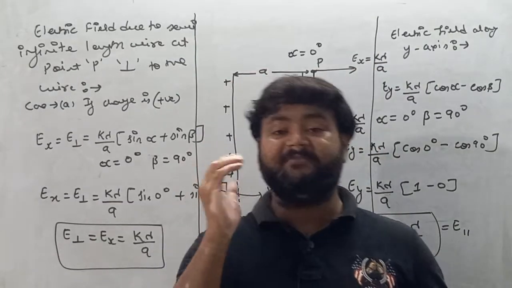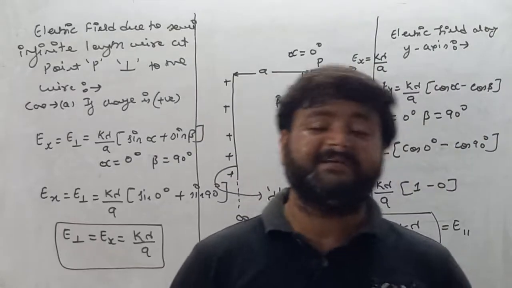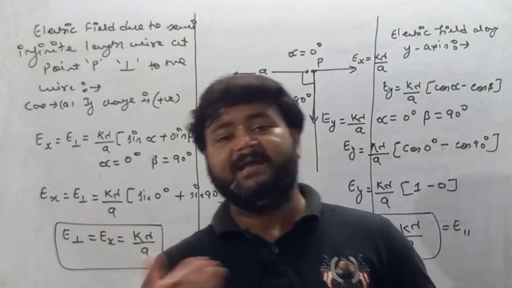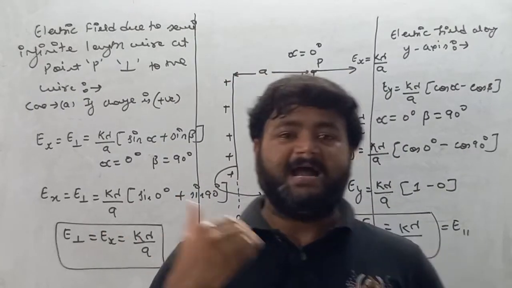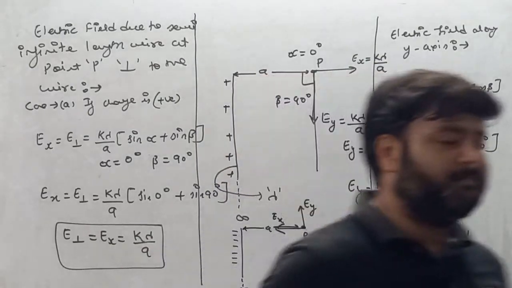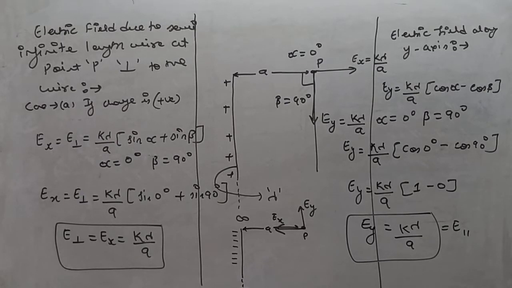You have to put the values, and you'll get electric field along x-axis as well as along y-axis, also called perpendicular electric field and parallel electric field, and its value is k lambda by A. So I hope you all understand how to find electric field due to finite length wire, infinite length wire and semi-infinite length wire. So write down, then we'll move forward.